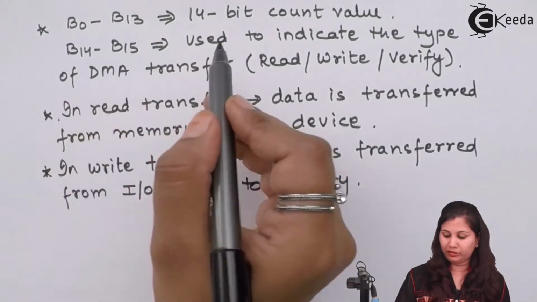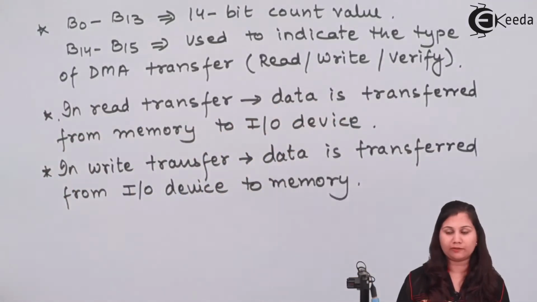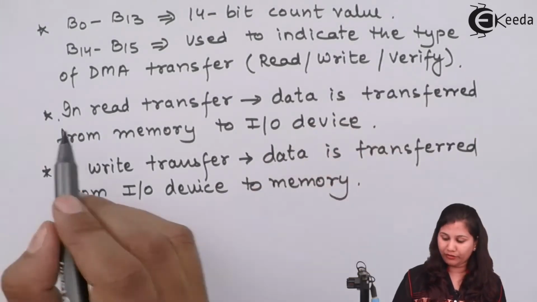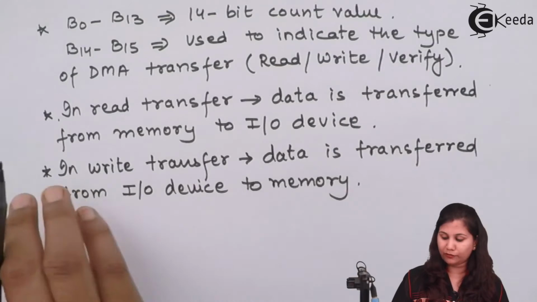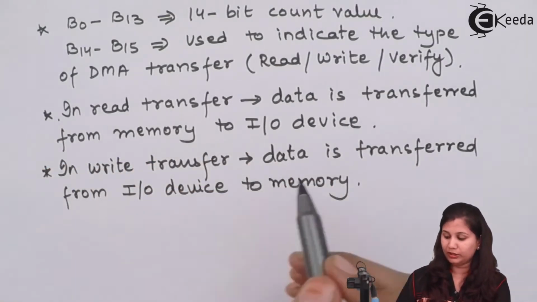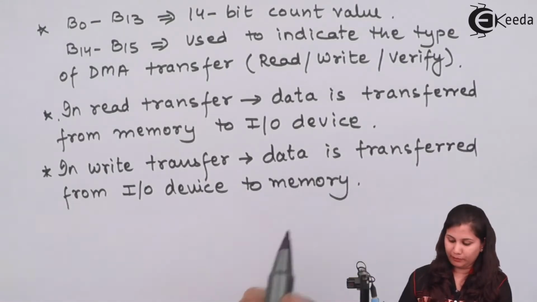B14 and B15, these 2 bits, are used to indicate the type of DMA transfer, either read, write or verify. In read transfer, the data is transferred from the memory to the input output device, and in write transfer, the data is transferred from the input output device to the memory.